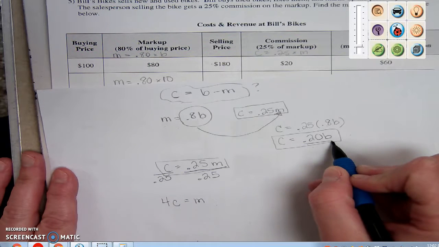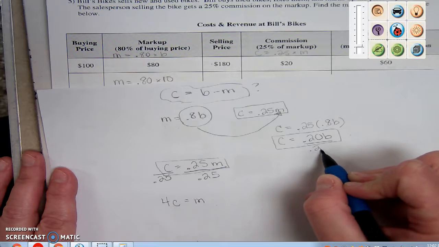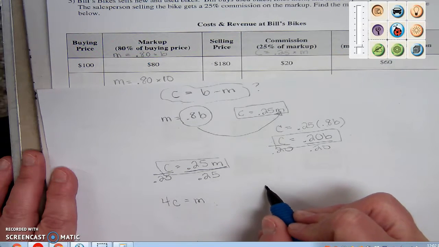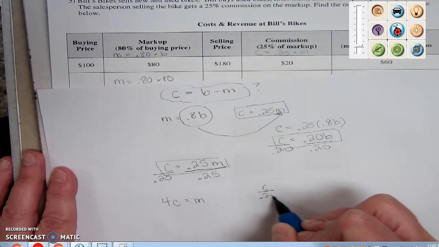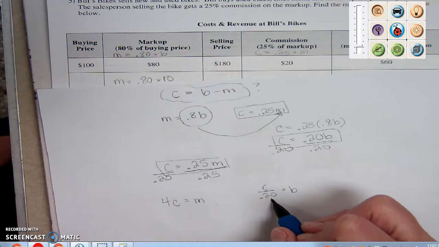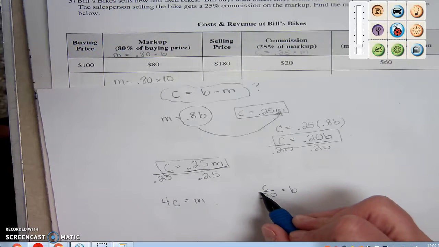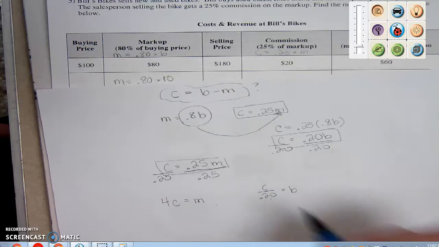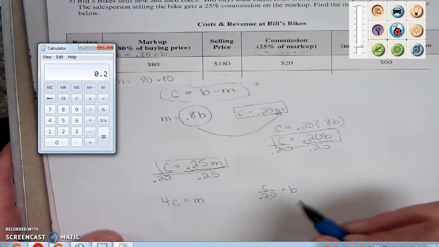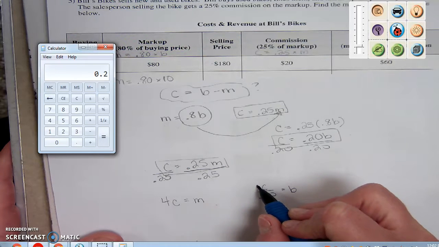So if I divide both sides by 0.2, I can have C divided by 0.2 equals B, but a better way to write that would be 5 times C. If I divide 1 by 0.2, and you might be saying, where's the 1 coming from? Remember the invisible 1?